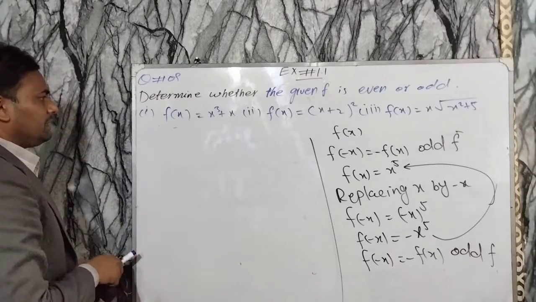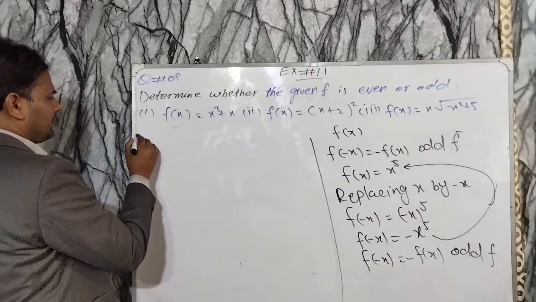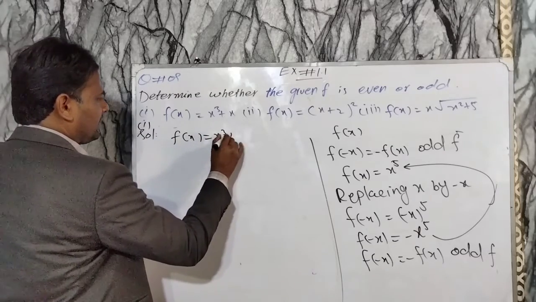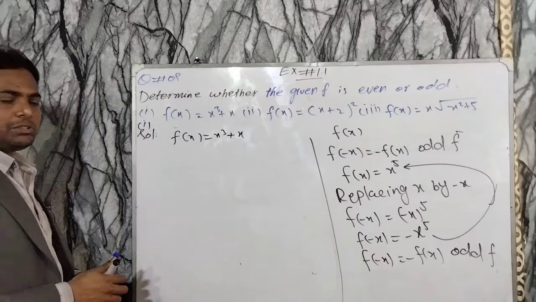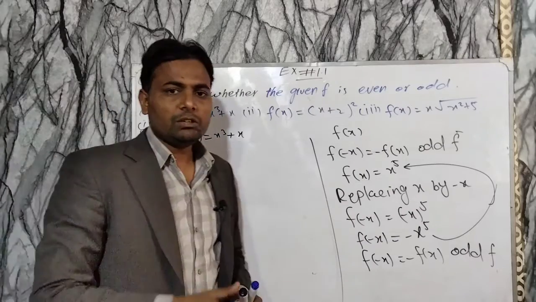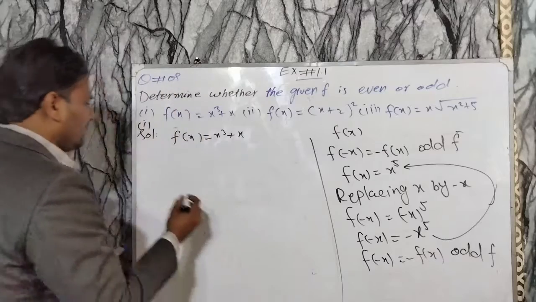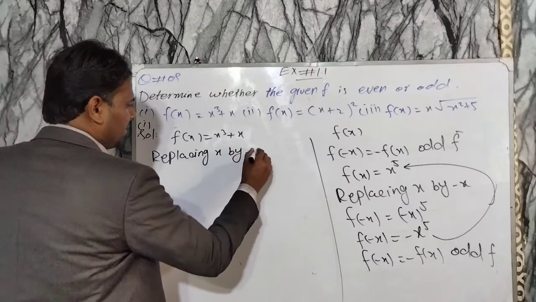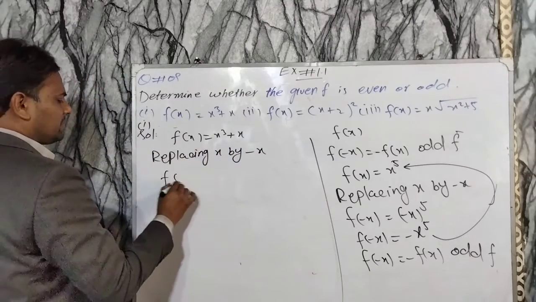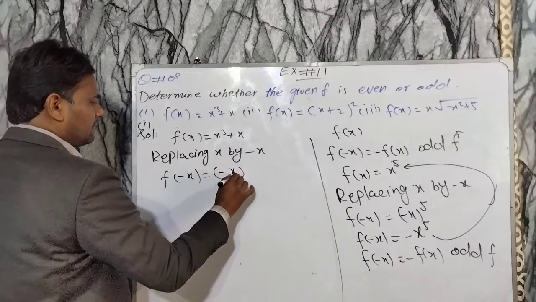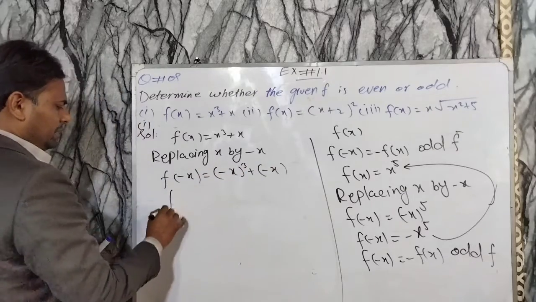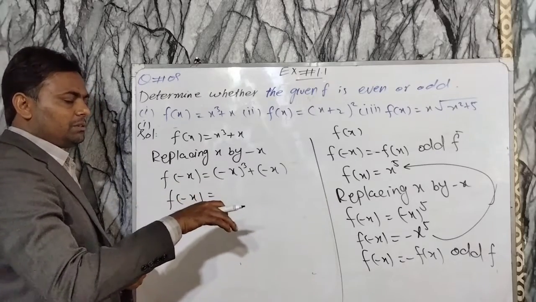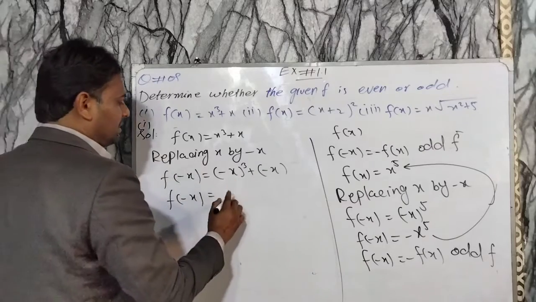Now this is the function f of x. I am going to solve this function. The first one is f of x equal to x cube plus x. Now we have to determine whether this function is an even function or an odd function. We will replace x by negative x. After replacing x by negative x, we know that if the exponent is an odd integer, then the sign does not change.